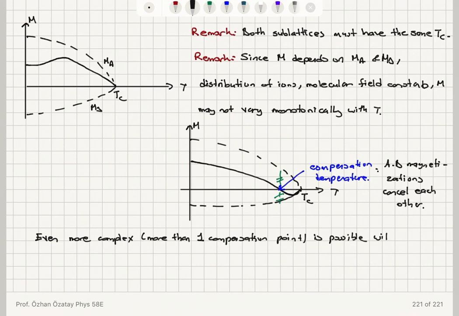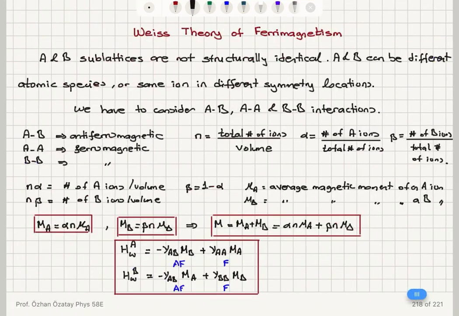when you have three sublattices, A, B, and C. So in that case, we would find that there can be more than one compensation point. So the story can get a lot more complex. Okay, so to summarize, in ferrimagnets, we have to consider AB, AA, and BB interactions.